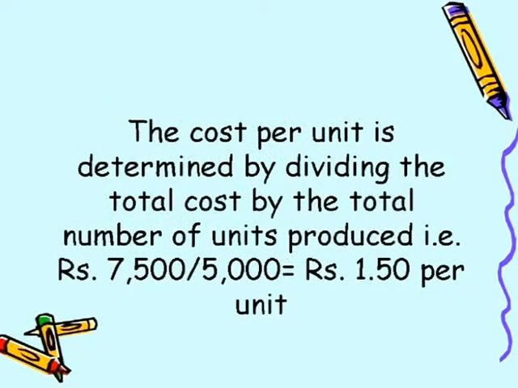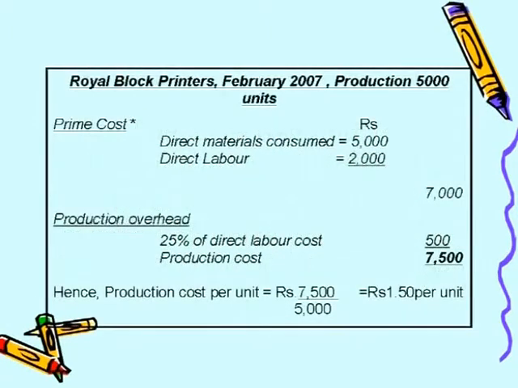The cost per unit is determined by dividing the total cost by the total number of units produced, that is 7,500 by 5,000, which is 1 rupee 50 paise per unit. This may be shown in the cost statement as indicated below.